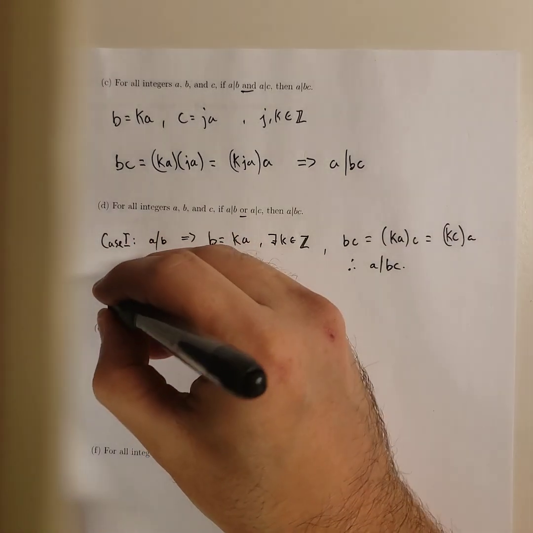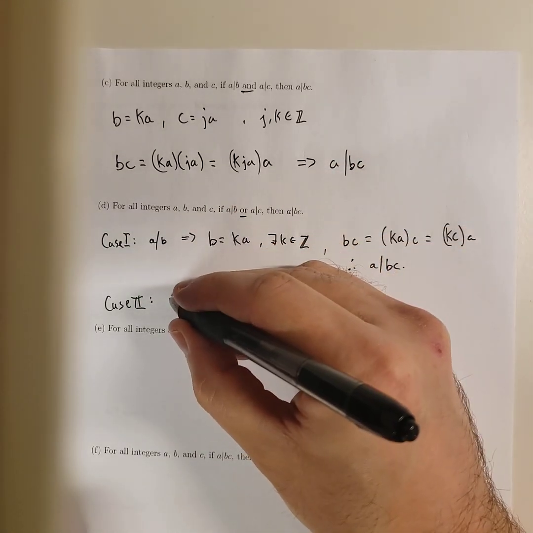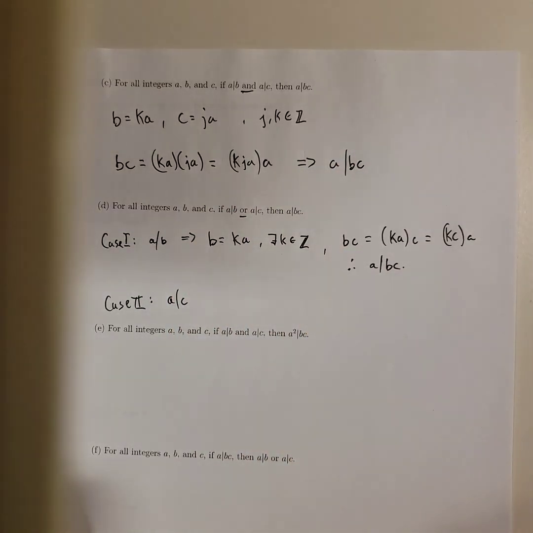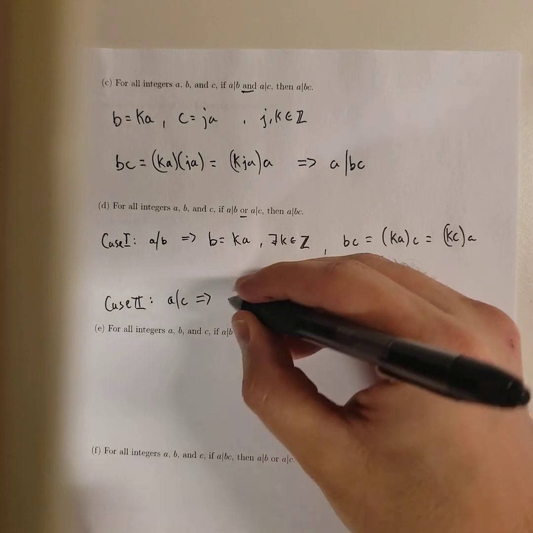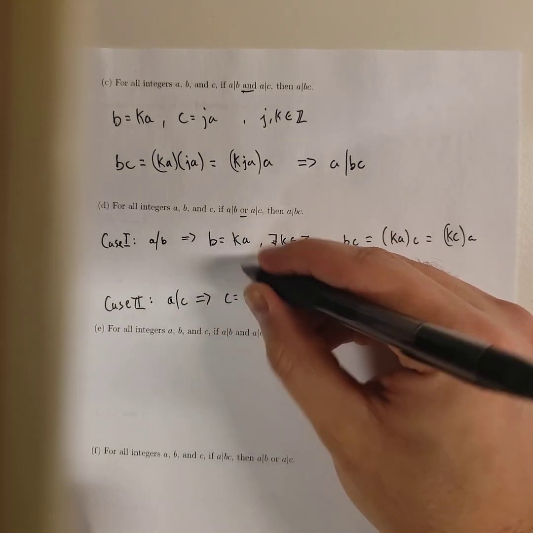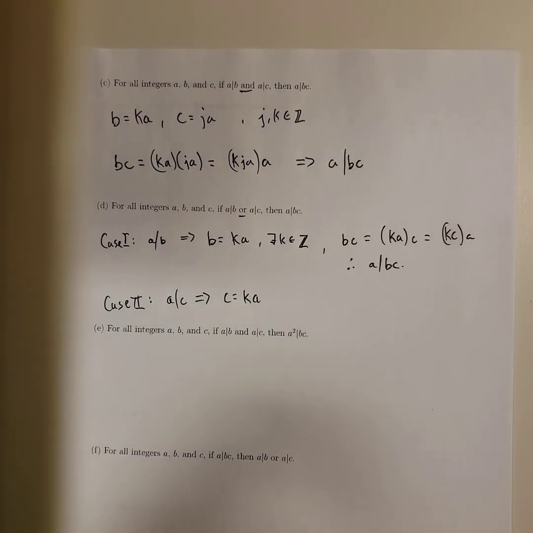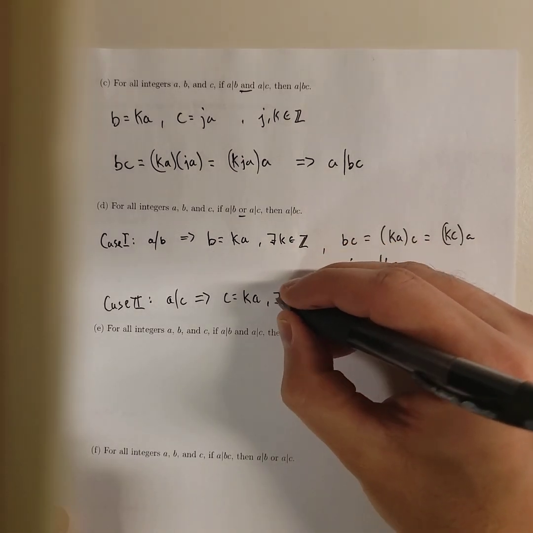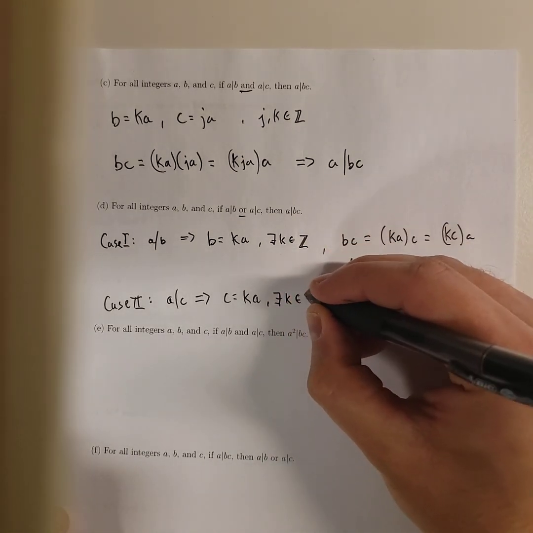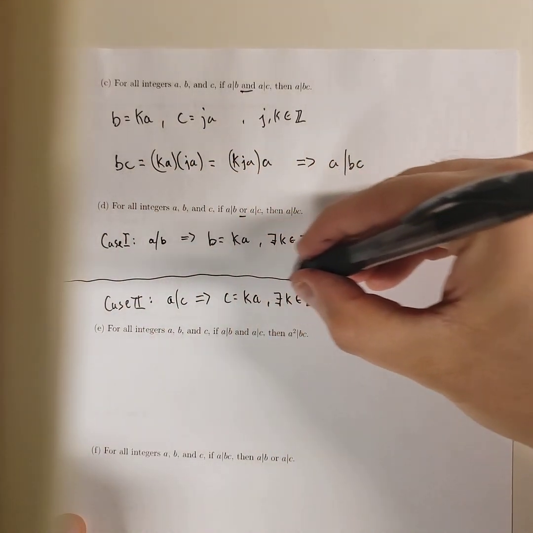And case 2 is similar. We have A dividing C. That means C is a multiple of A. Notice I'm using the same K here because it's different cases, so I've sort of let go of this K and then brought it back. So I'll put a line here to say these are separate arguments.